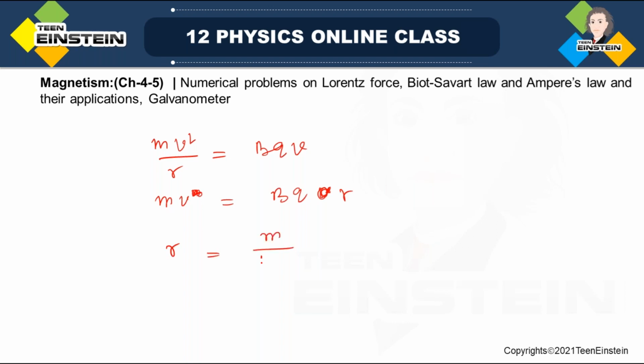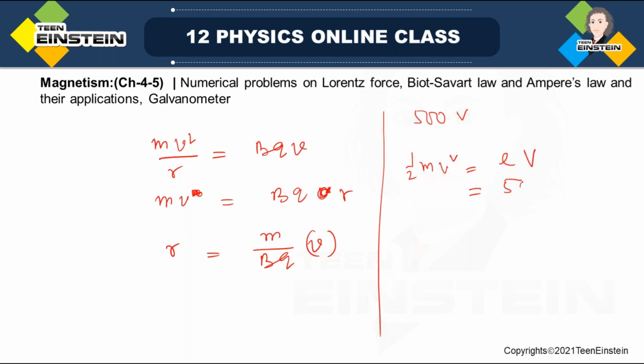V is the velocity. When electrons are accelerated by 500 volt, then they will have kinetic energy half mv square equal to e into the applied voltage V. So that is 500 eV. The kinetic energy is given as 500 electron volt.